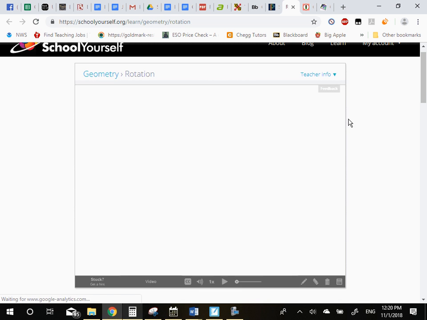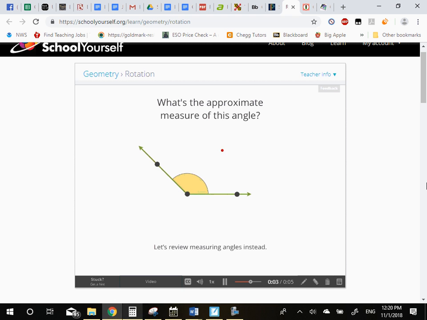And we're going to start off watching this video. What do you guys say that angle is close to? 180 is a straight line. It's probably not that one. 120.